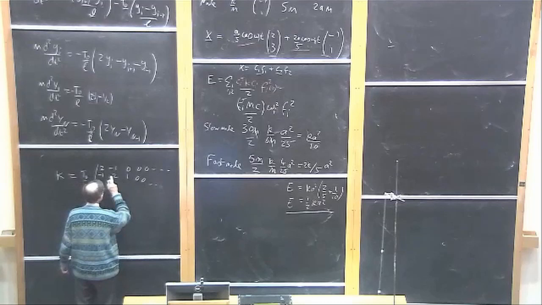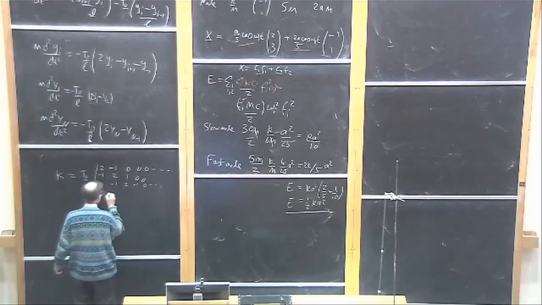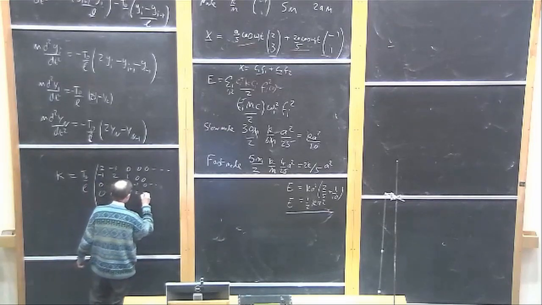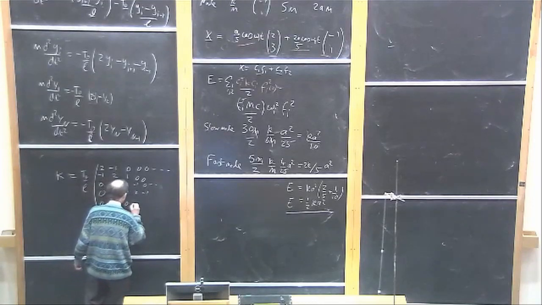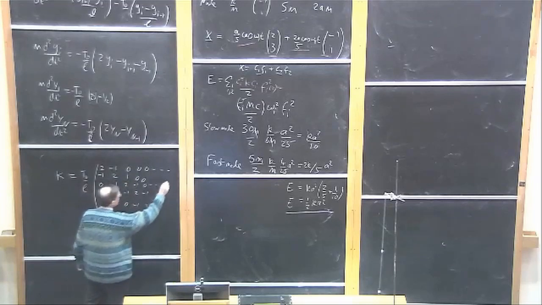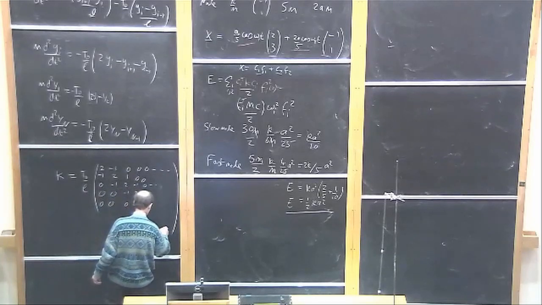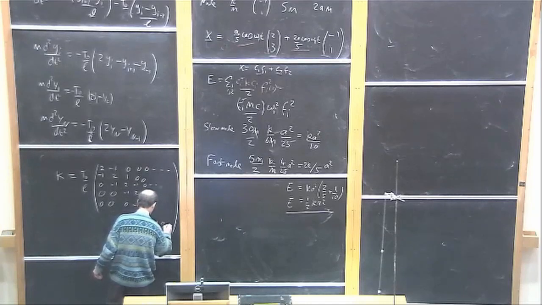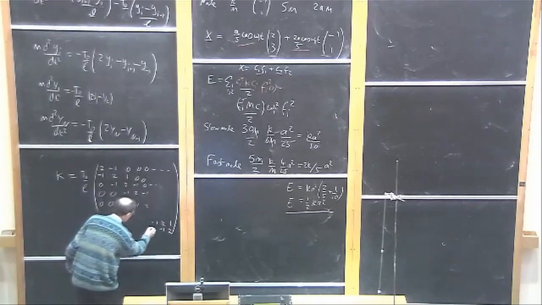So that's 0, that's 1, 2, 3, 4, 5, so I want 5 rows. 0, minus 1, 2, minus 1, 0, 0, 0, minus 1, 2, minus 1. 0, 0, 0, minus 1, 2, etc. All the way down at this end here, it terminates with minus 1, 2, minus 1, and then minus 1, 2, the bottom corner.